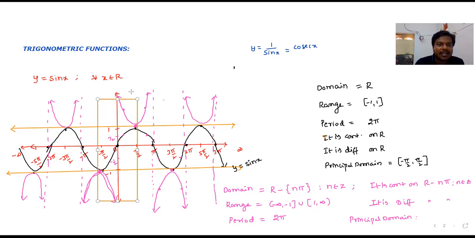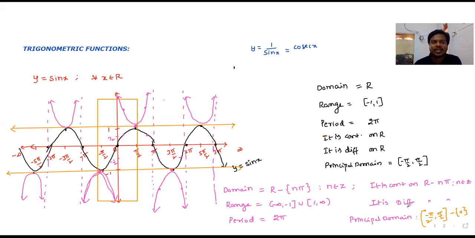And in this interval, clearly it is bijective. Therefore, I can write the principal domain from minus pi by 2 to pi by 2, closed brackets, except 0. This is the principal domain of cosecant x. This is about the graphs of sin x and cosecant x.